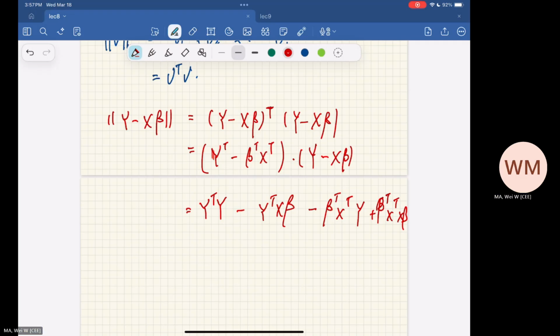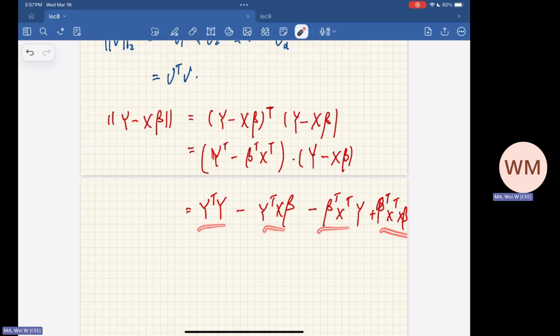Have you learned the matrix calculation? I think so. In your undergrad linear algebra, you should have learned this. One observation is that these four terms are all scalars, even though this looks scary. If it's a scalar, then the transpose of a scalar is the scalar itself.